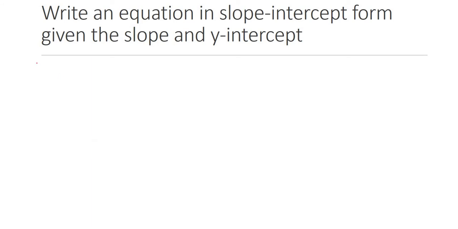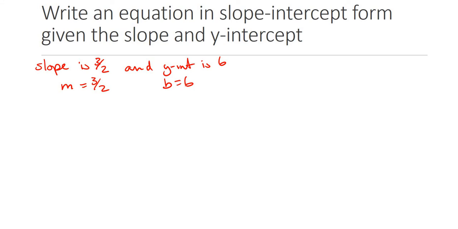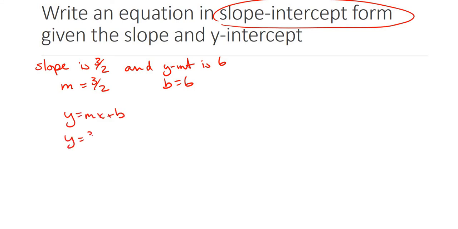Very simply, if you're told that the slope is 3/2 and the y-intercept is 6, in other words, if m is 3/2 and b = 6, again, since I want slope-intercept form, I'm going to use my model, and I'm going to plug the slope in for m and the y-intercept in for b.